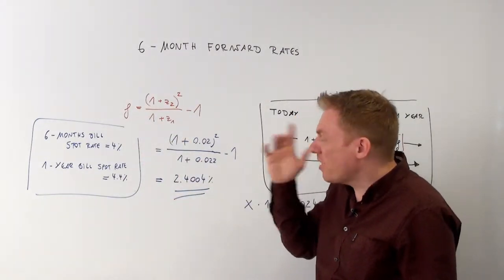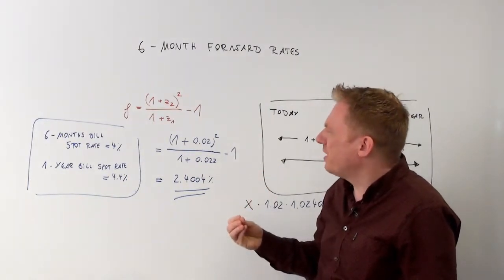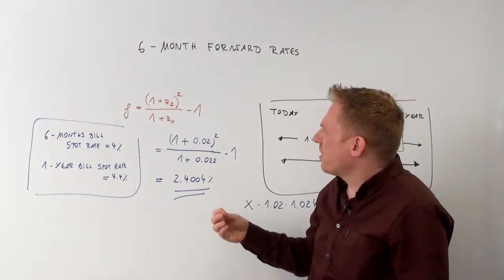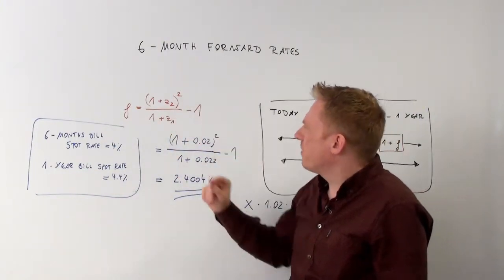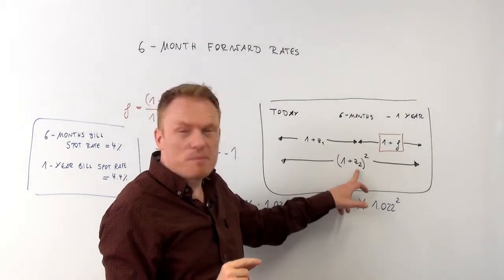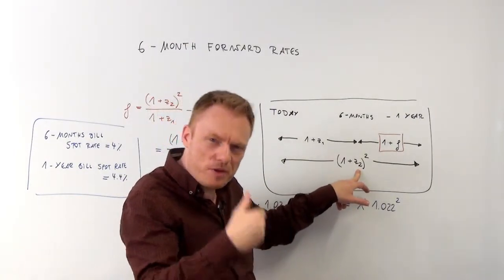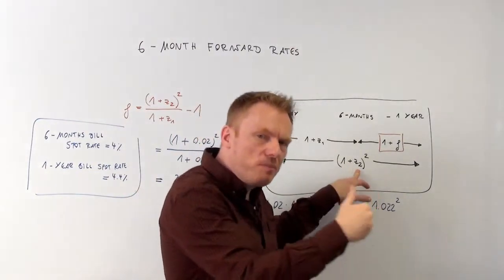Now, the 6 months bill spot rate is equal to 4%, which means as we have to insert the interest rate Z sub 2, which is the interest rate that is valid from now on for 2 periods.